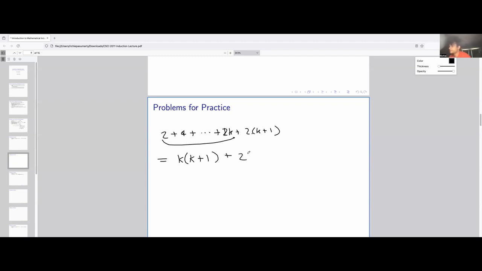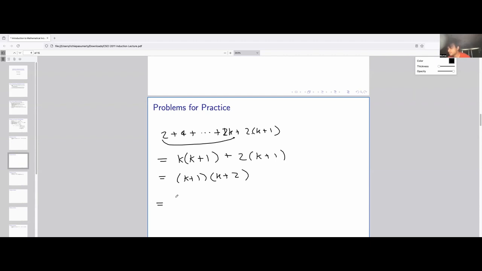Okay, and then I'm adding 2 times k plus 1. Okay, and now I can use the distributive property. This is just equal to k plus 1 times k plus 2. And notice that this is what we expect based on the formula for k plus 1.